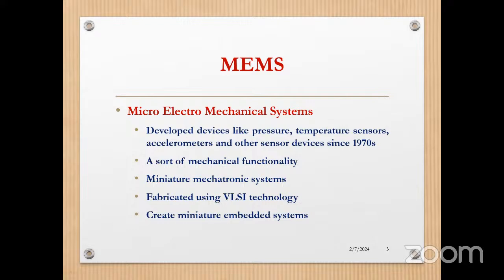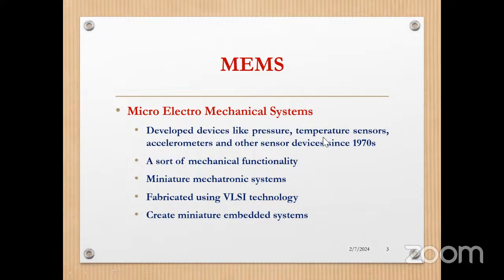And electro is nothing but both electrical and electronic components with a mechanical action. So normally a MEMS is defined as a system that comprises electrical, electronics, and mechanical parts on micron scale fabricated on a single silicon substrate. So this is how we define micro electromechanical systems.